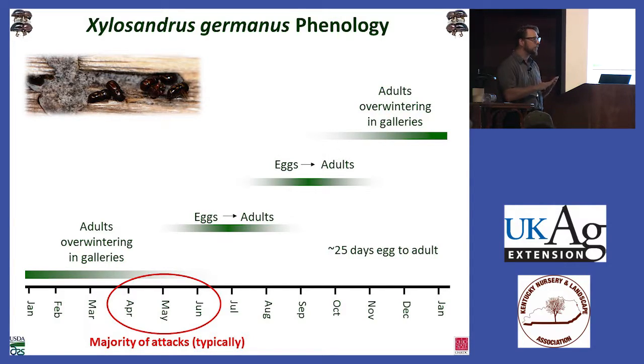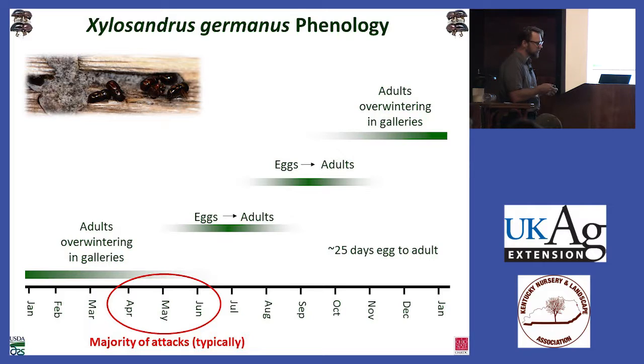Since males don't fly, the only way they got there was for the females to have produced them. And since the generation time is about 25 days from egg to adult, those attacks were first noticed in late August and September, but in fact they had been there for quite a while, probably since this spring. So again, the majority of attacks that we see occur in spring.